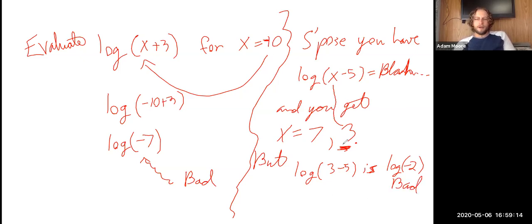If the answer you plug in gives a negative by the time you plug it in, I have to log a negative, that's bad news, and that answer gets thrown out. So don't worry about the 3, keep the 7, because 7 take away 5 is positive, and that can work.